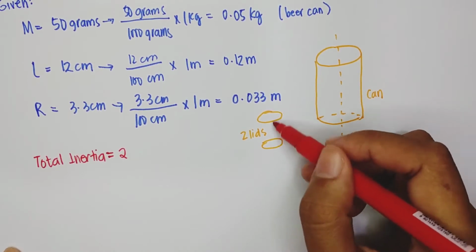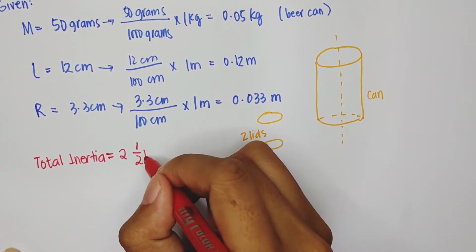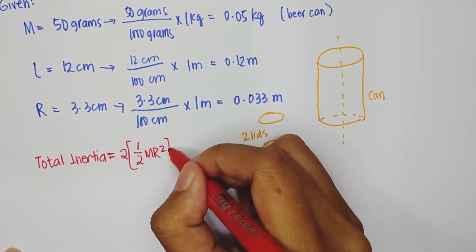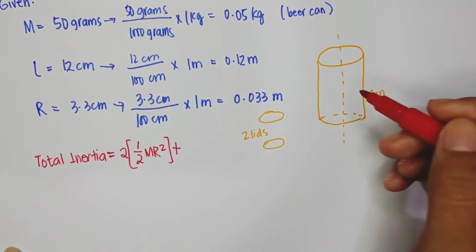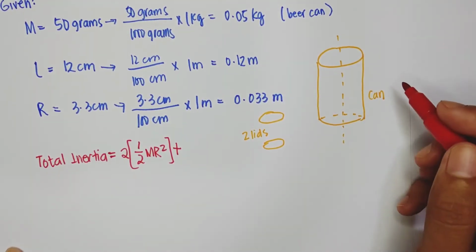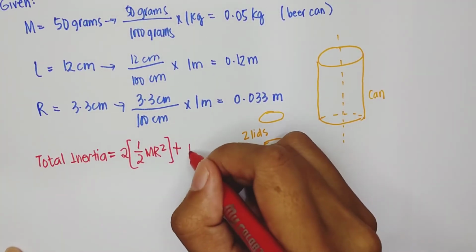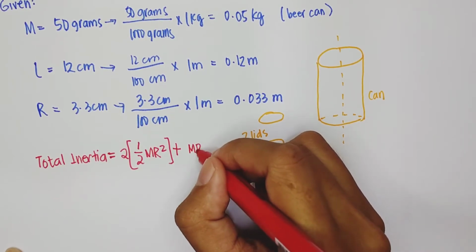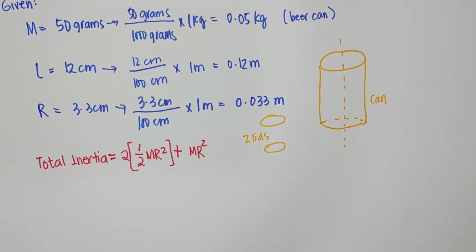Since we have two lids, that will be 2 times 1/2 mr squared, plus for our cylinder, the inertia is mr squared. So that is our formula.